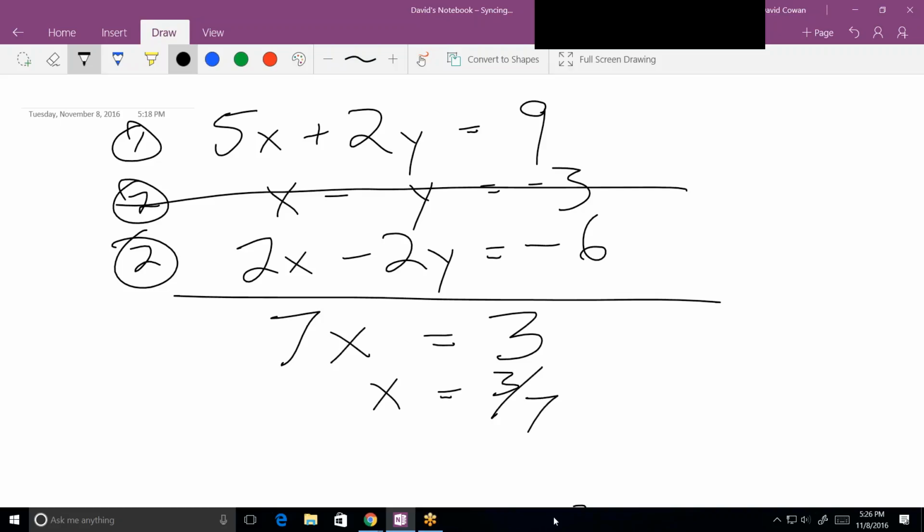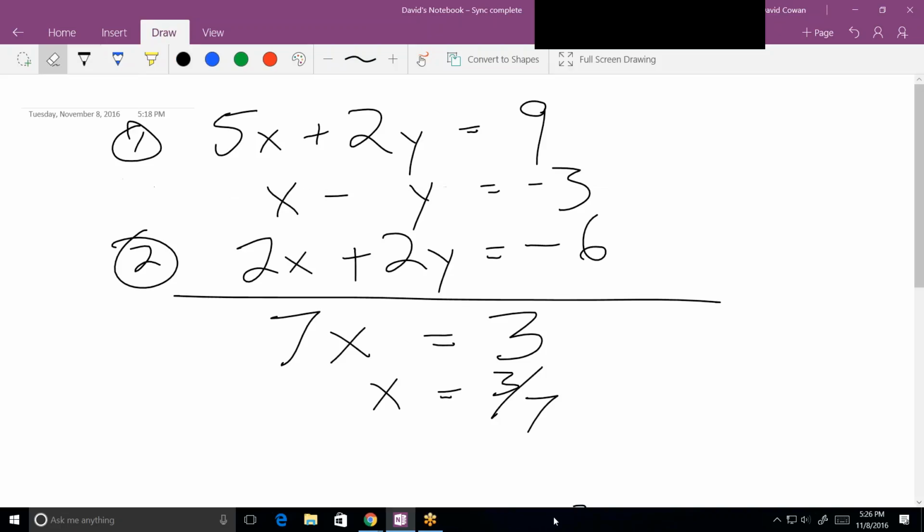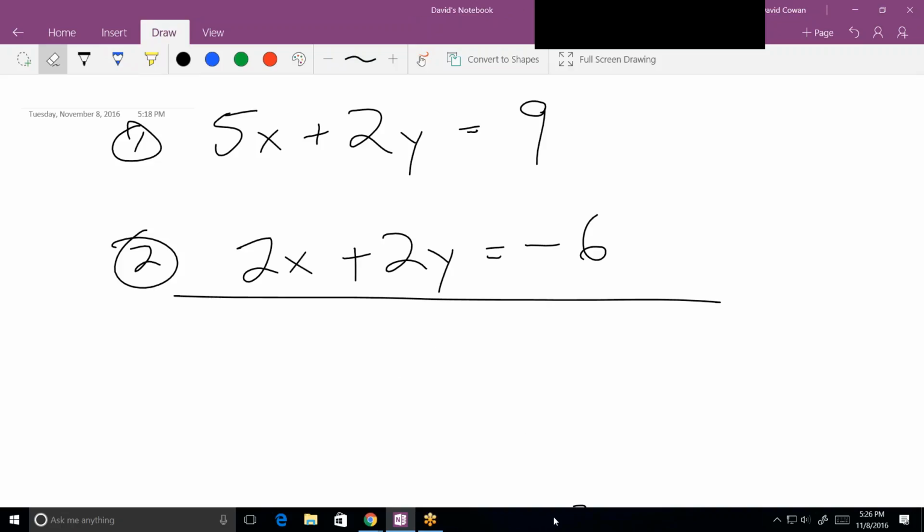So always remember that you can either add or subtract. Let's say these are my 2 equations right here. Well, I cannot eliminate a variable by adding. I get 7x plus 4y.